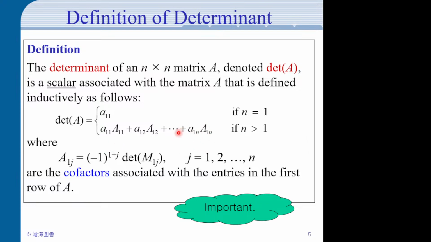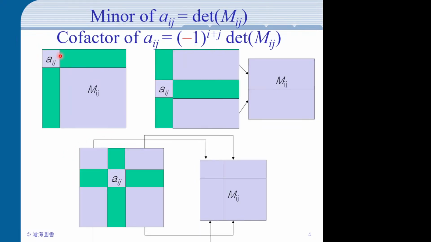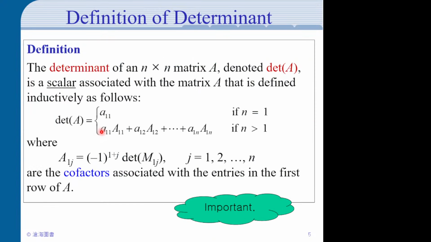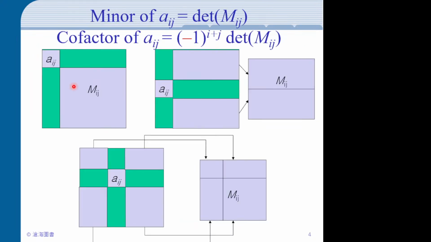You want to calculate the determinant of an n by n matrix, then you expand it on the first row. Those a11 to a1n you can just read off, and those minus 1 to the 1 plus j you can just calculate, and then you have the determinants of those submatrices, which are n minus 1 by n minus 1 matrices.